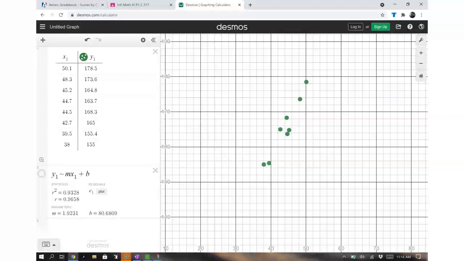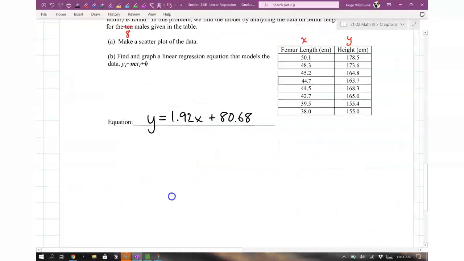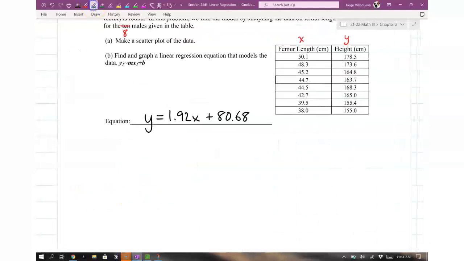The next question it's going to ask you is, what is the slope? Okay, so if I were to ask you what's the slope for this problem, what would you tell me? All right, there you go, 1.92. All right, that's not that hard.